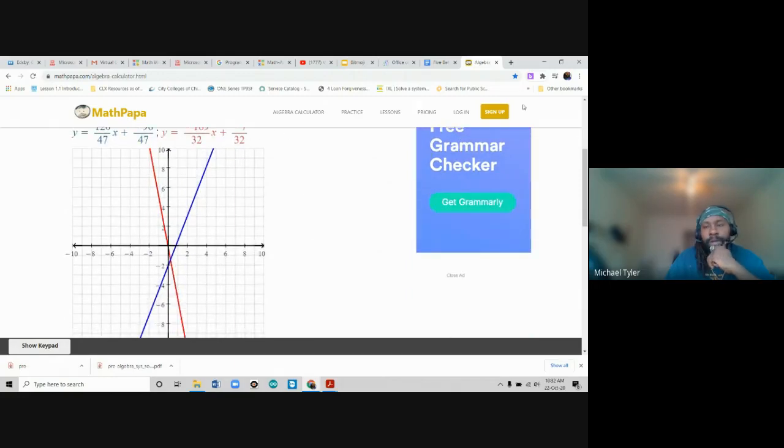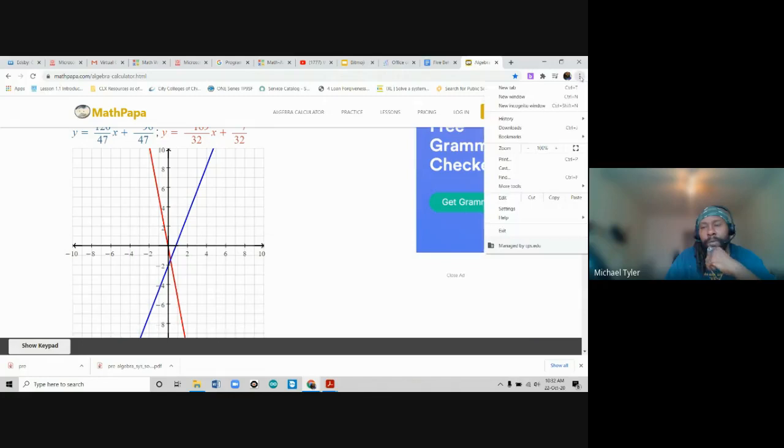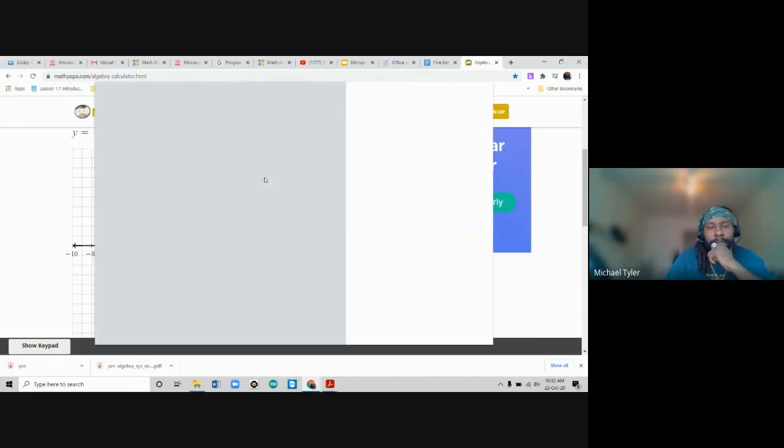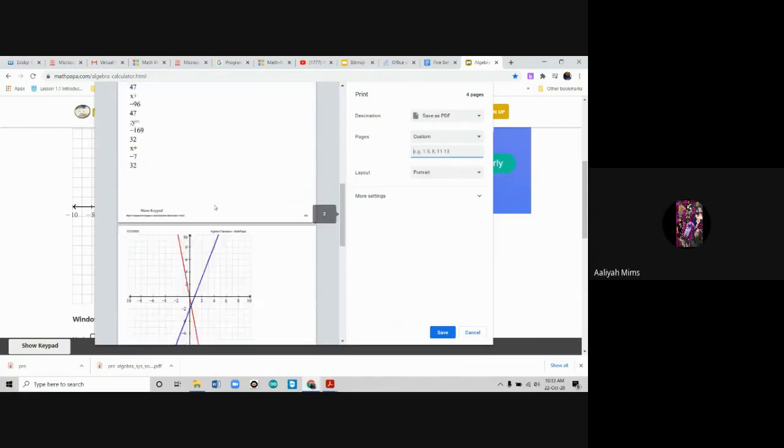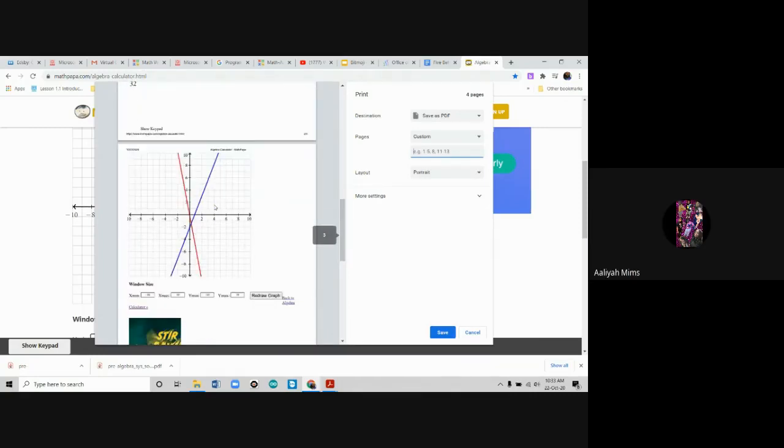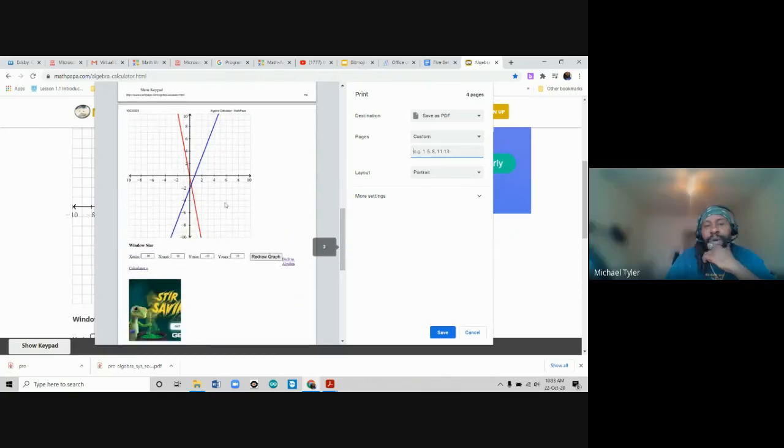I think you're in Google Chrome. You go to the three dots and come to print, or you can right click print. And if you download this document, don't tell it all pages, Aaliyah, because don't be sending me all this garbage. Just go to custom and tell it what page. That's what it's showing. It's showing the solve, and it's showing the graph too. So here's how you do that, Leah.